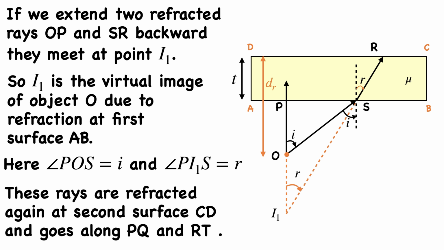These rays are refracted again at the second surface CD and go along PQ and RT. After refraction at the second surface CD, the ray OP goes straight along PQ since it falls normally on the surface CD, and the ray SR after refraction goes along RT.